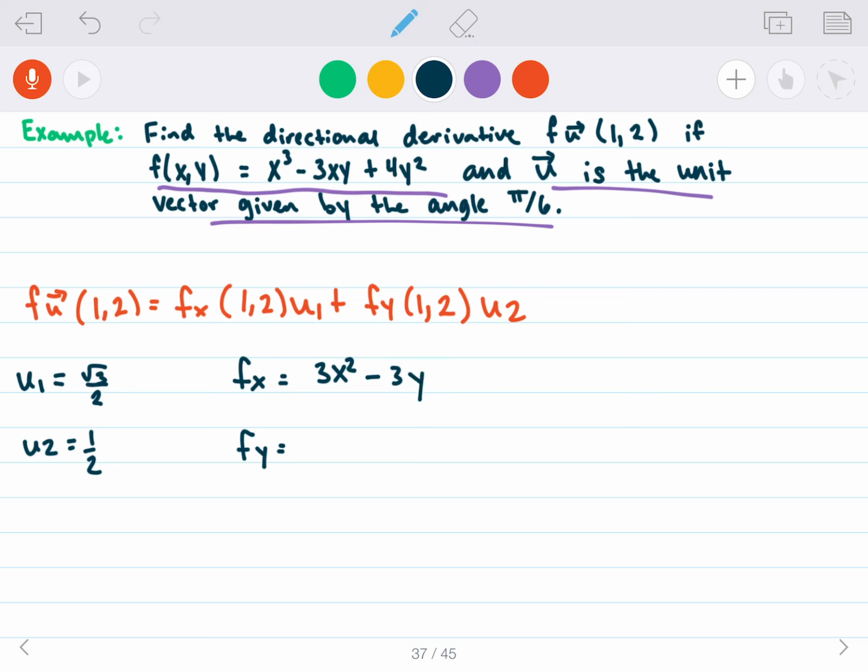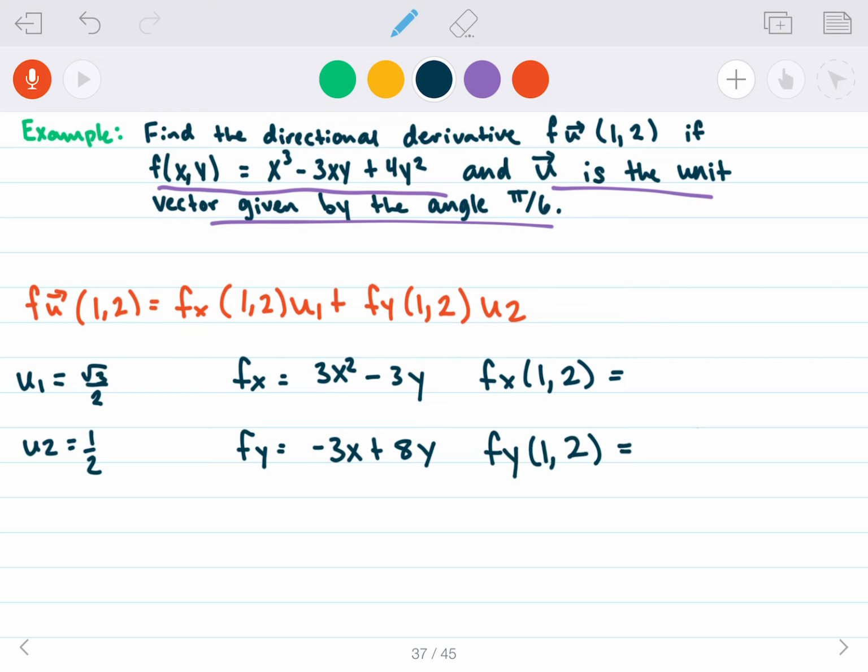Now my partial with respect to y: x cubed goes to 0, and then we have keep the first times the derivative of the second, plus keep the second times the derivative of the first, which is 0, plus 8y. So this just becomes negative 3x plus 8y. Now that I have that, I just go ahead and plug in (1, 2) for x and y in my partials.